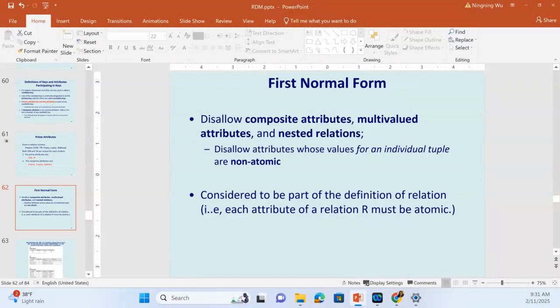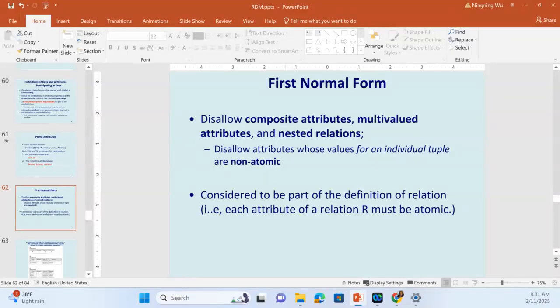The second option is that we use a single attribute for each component of the name. So we have a first name attribute, a last name attribute, and a middle initial attribute. These are two separate designs when people design a database for recording a person's name.